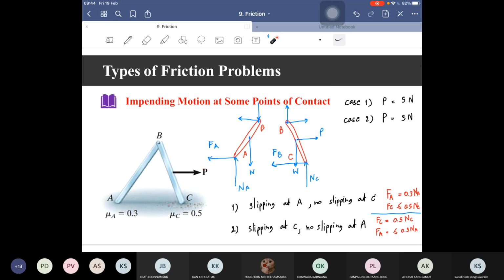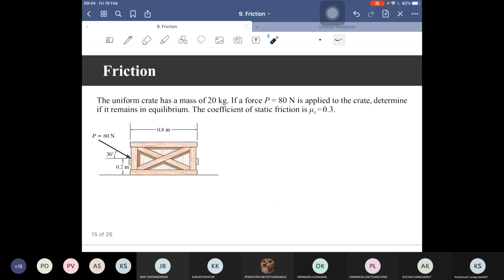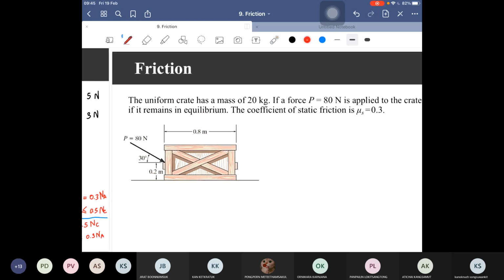Let's see one simple example. Okay, this question asks you to determine if it remains in equilibrium or not, and also determine one thing. The coefficient of static friction is given as mu s equal to 0.3. First things first, when you have any problem, don't forget the free body diagram.